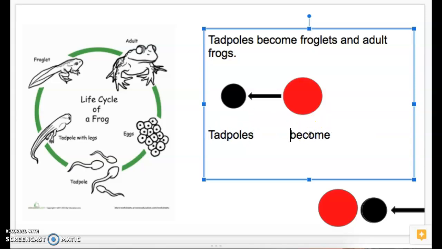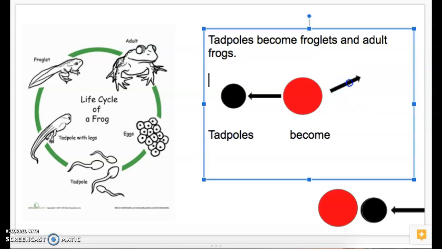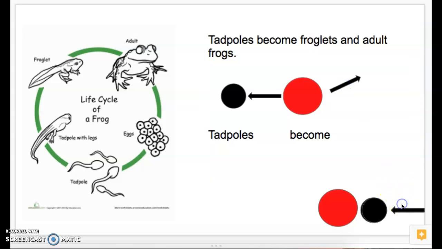And now that we know tadpoles become what? They become froglets and then eventually adult frogs. So now that we have two things receiving, we can go ahead and make our arrows pointing away the other direction.